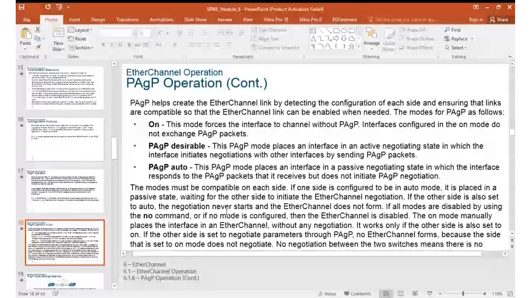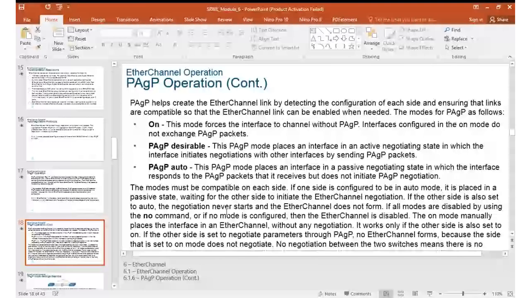If the interface is on auto, it receives and responds, but does not initiate PAGP negotiation.